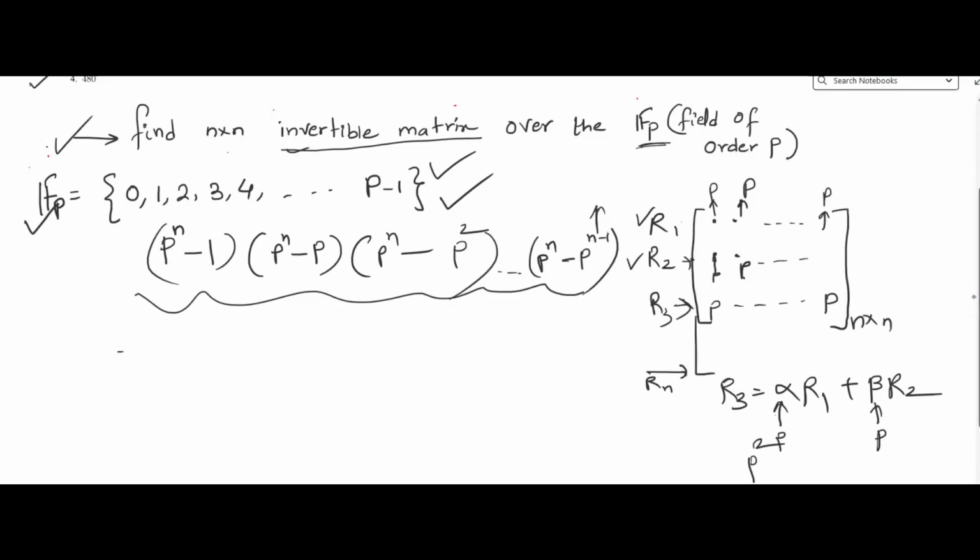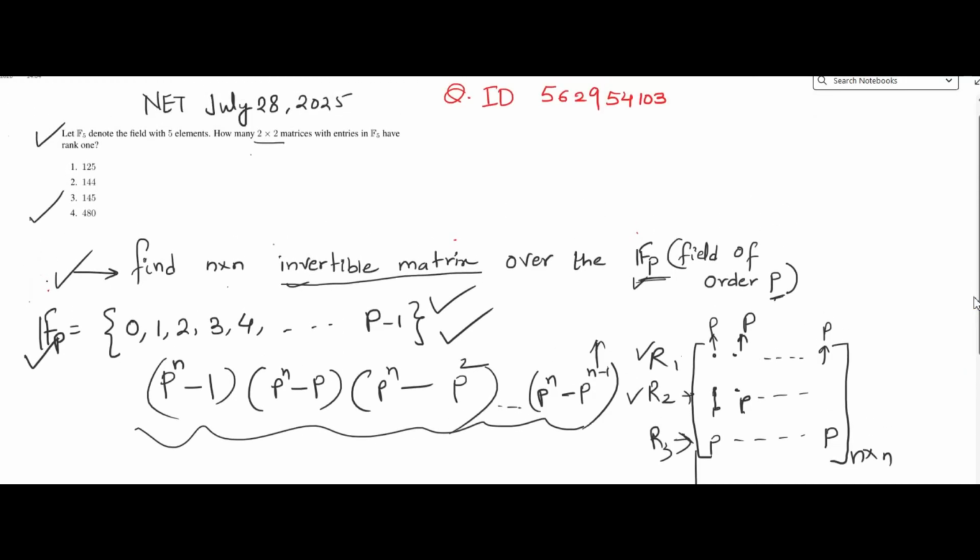So this many invertible matrices we can form over the field of order p. Now let's go to our problem.